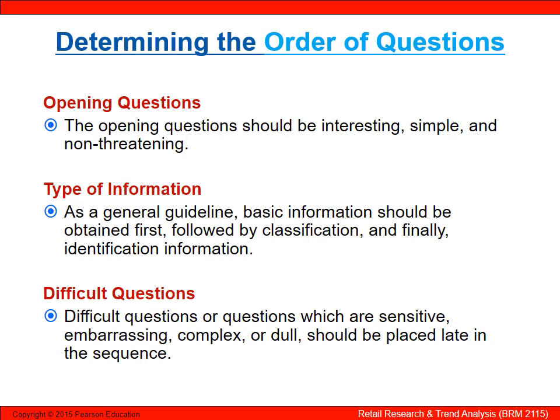As a general guideline, basic information should be obtained first, followed by classification, and finally identification information. The basic information is of greatest importance to the research project and should be obtained first. Difficult questions, or questions that are sensitive, embarrassing, complex, or dull, should be placed late in the sequence.